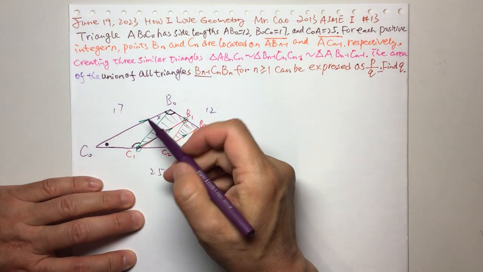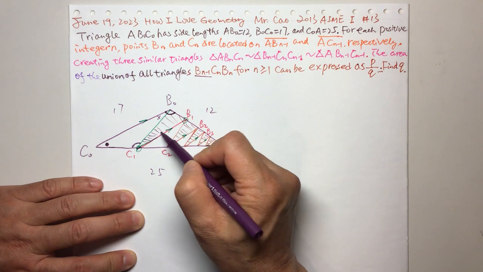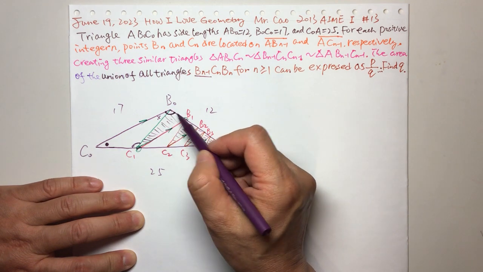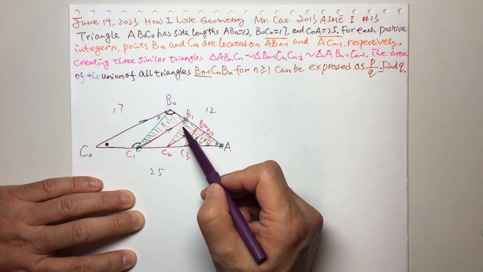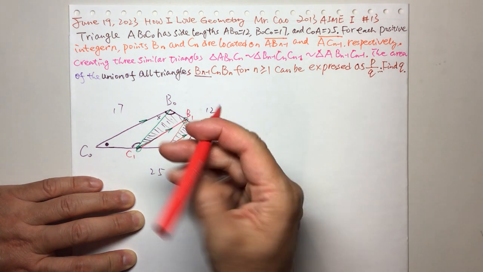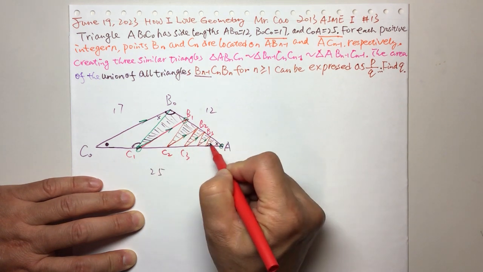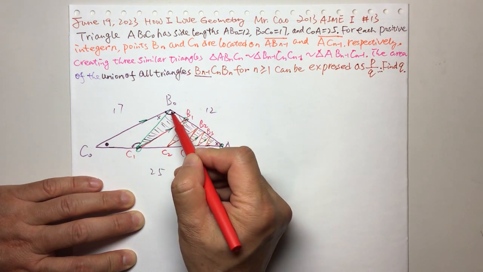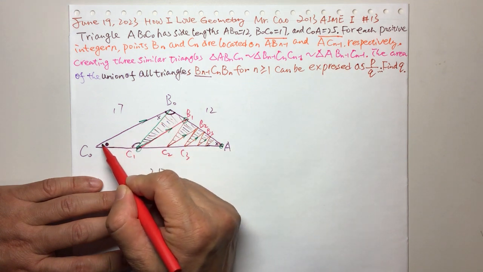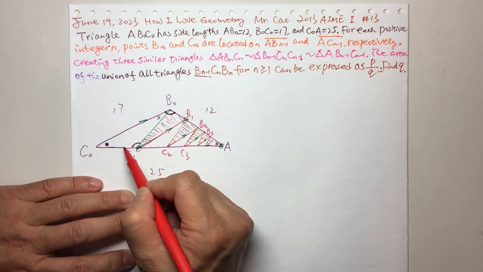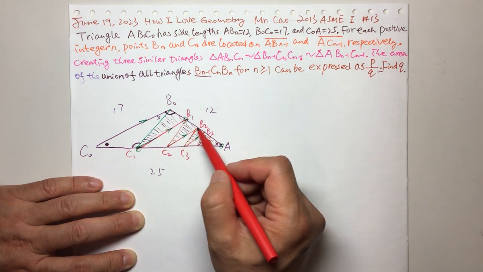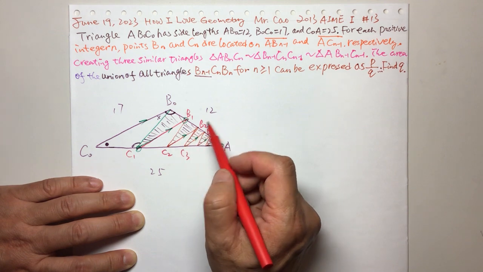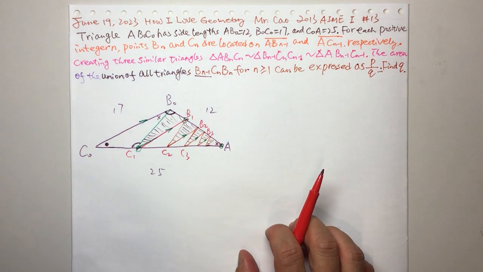So if we find the area of this triangle B1B0C1 and find its ratio to the area of triangle AB0C0, then we just multiply, and we can use the geometric sequence to find the sum of them.